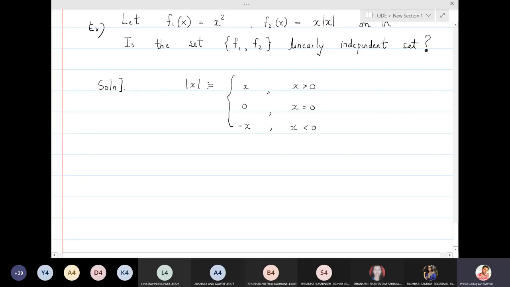If the number is positive, I'm going to keep mod x as x. If the number is negative, I'm going to replace the entire mod x by minus x.